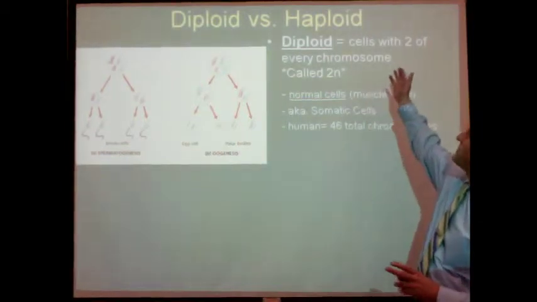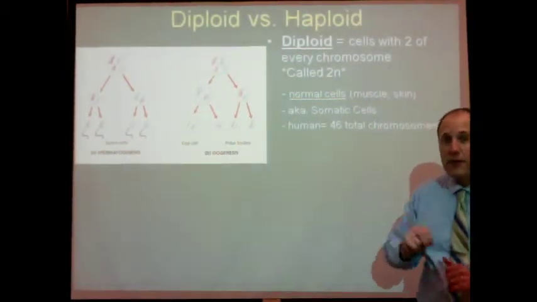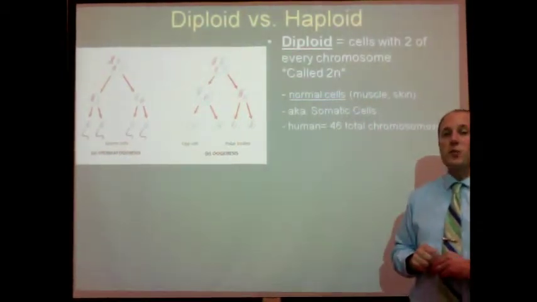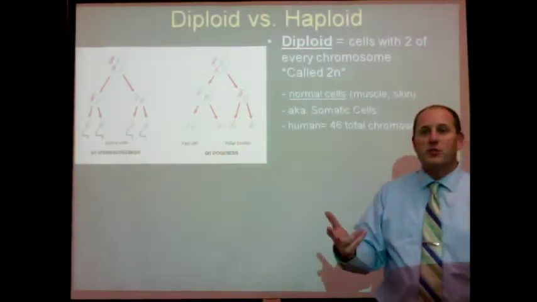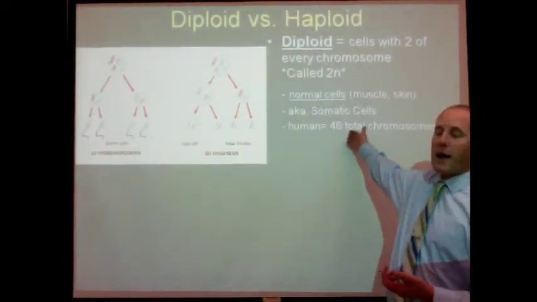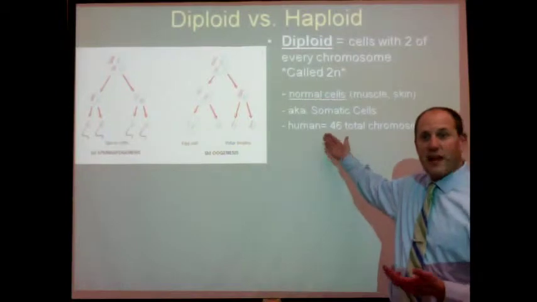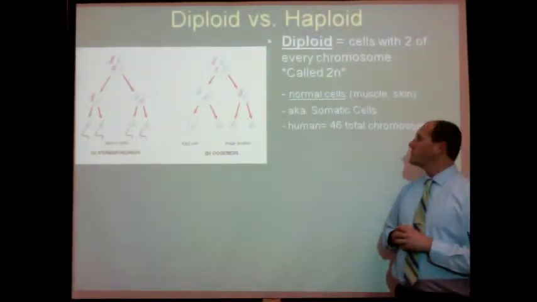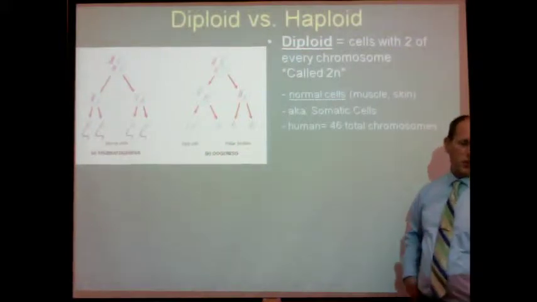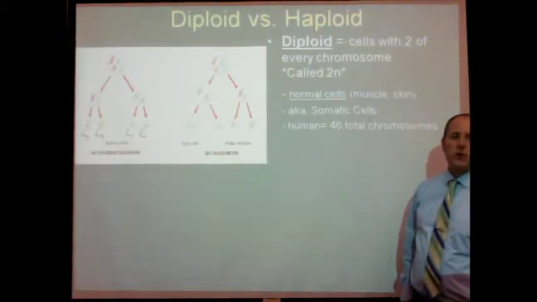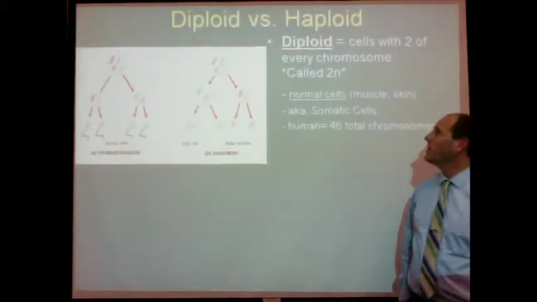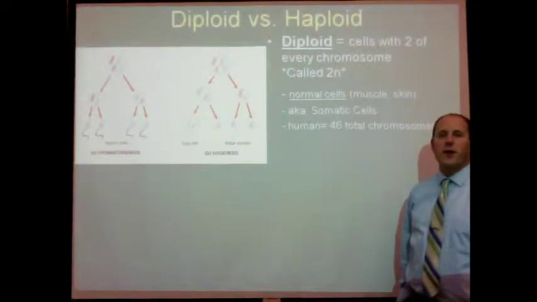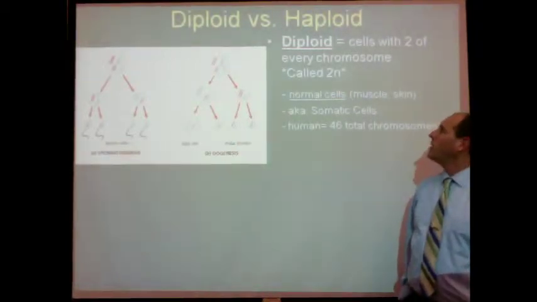So, if diploid cells are cells with 2 of every chromosome, that means we have 23 pairs of chromosomes making up our diploid cells to make that 46 total chromosomes. 46 total chromosomes in our normal body cells, of which we have somewhere right around that 2 trillion mark.